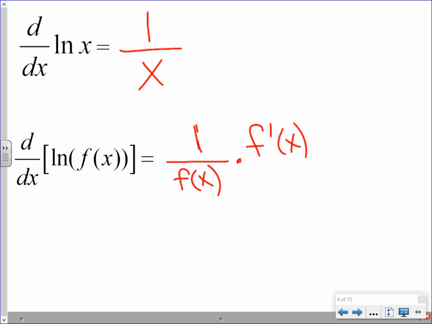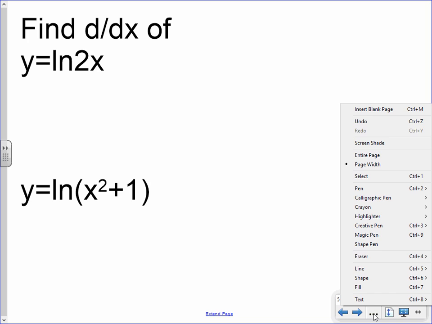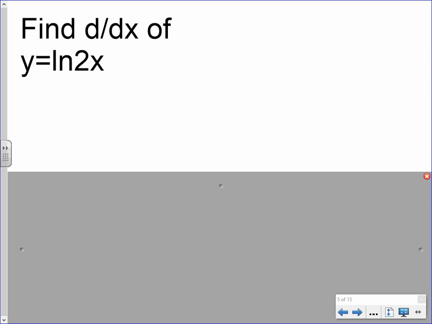Let's apply it. Are you ready? Natural log of 2x. Natural log, the derivative is just 1 over x. So since 2x is inside, the derivative is 1 over 2x. Do we need to apply the chain rule?